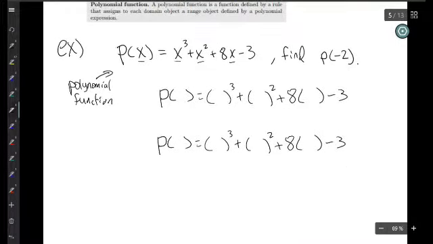Step 2, fill in the number you're evaluating.